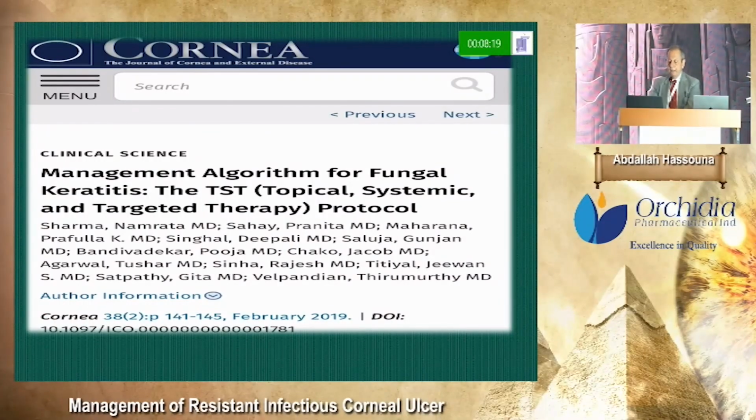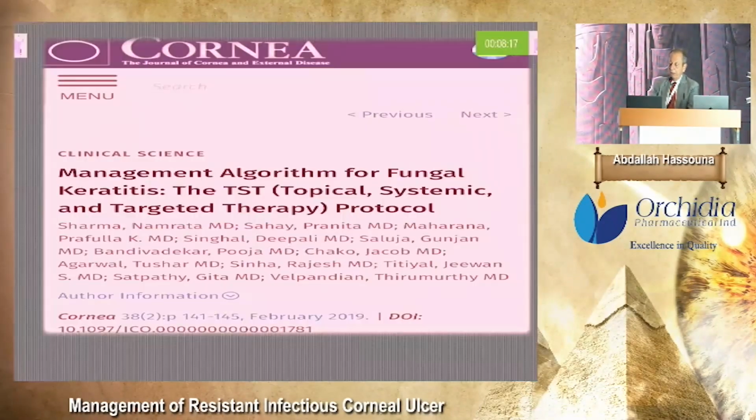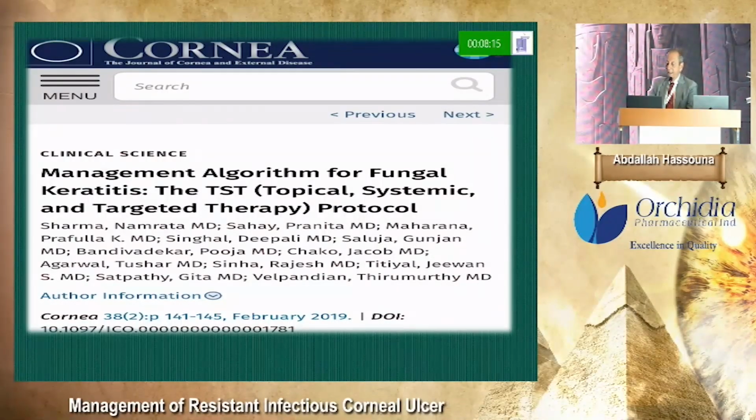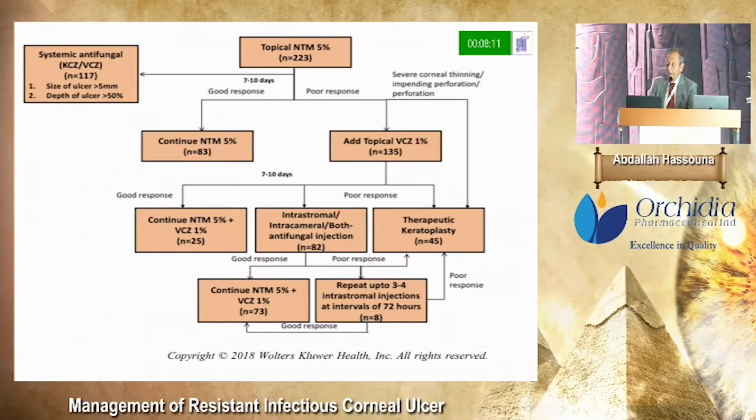And here, in this paper, Namrata presented the TST, topical, systemic and targeted therapy protocol. Because we took a scrap of the ulcer and it didn't show any growth, and after the history and clinically, I thought more of a fungal infection.